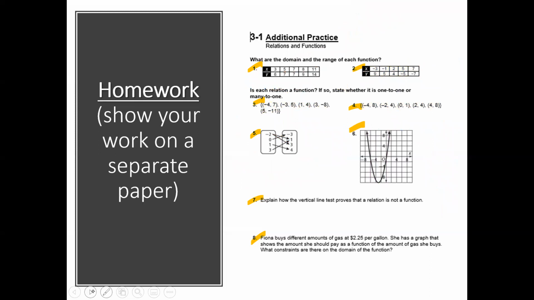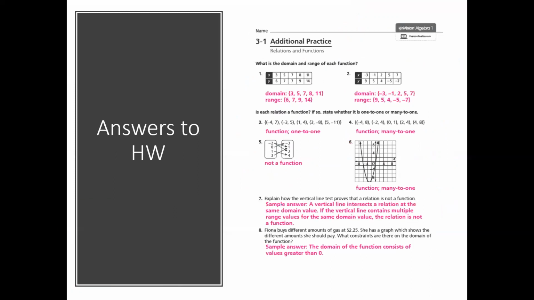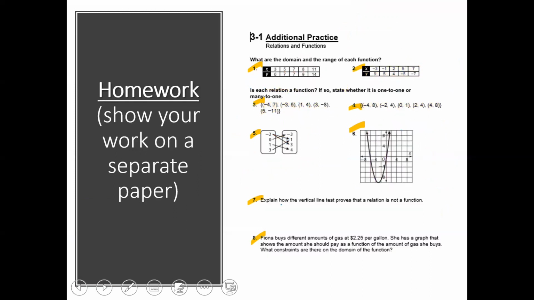All right, explain how the vertical line test proves that a relation is not a function. So what you can say here is something to the effect that if the vertical line touches the graph at one point, then it's a function.